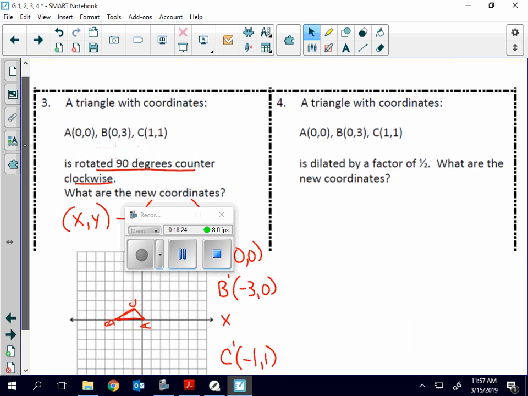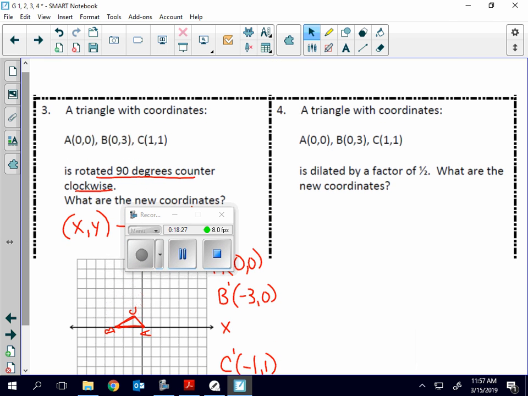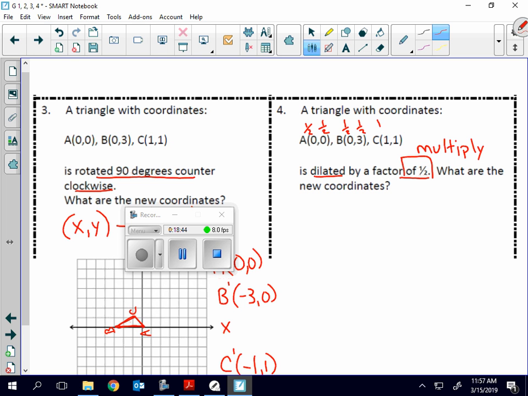All right, we have another triangle dilated by a factor of 1/2. Dilation 1/2. That means to multiply by 1/2. So if we multiply each thing by 1/2, well, our A prime, 1/2 of 0 is still 0, and same for the y coordinate there.